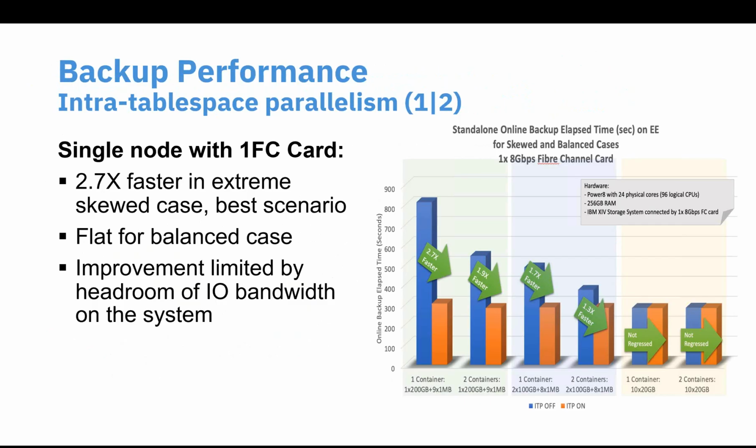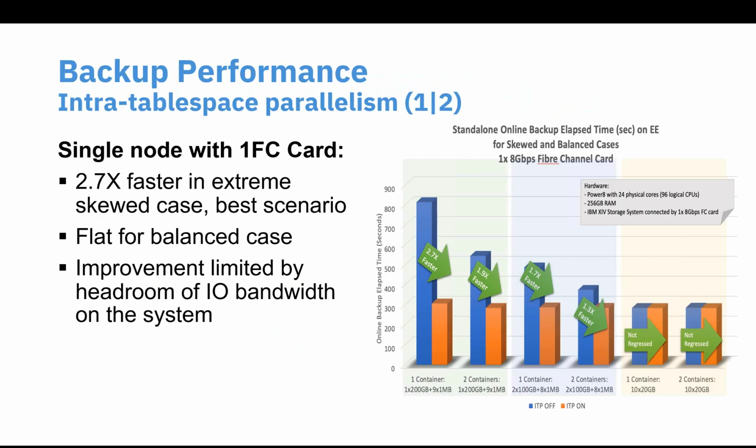But assuming they're not the bottlenecks and you have additional CPU that before we weren't leveraging, this can show that, in a 1 container scenario, we saw 2 times faster performance. Obviously, as you have more containers and they become more balanced, the benefit decreases.